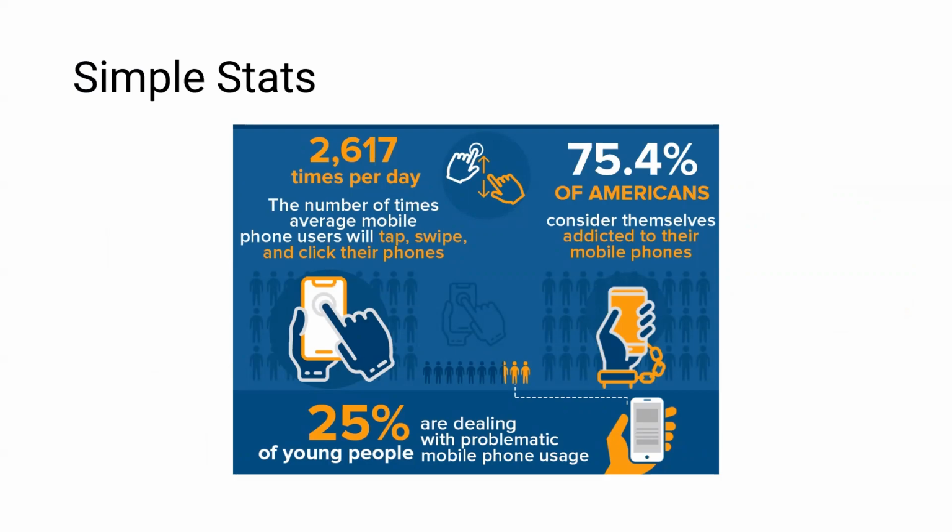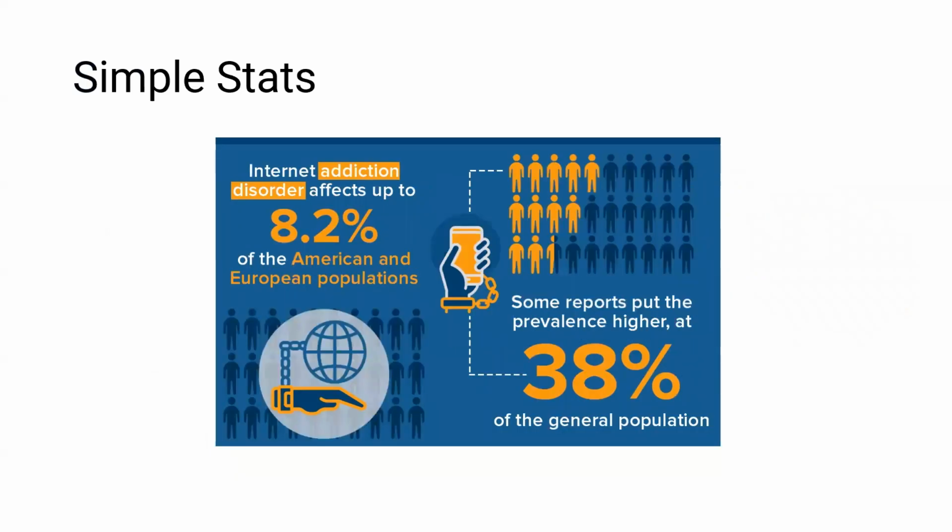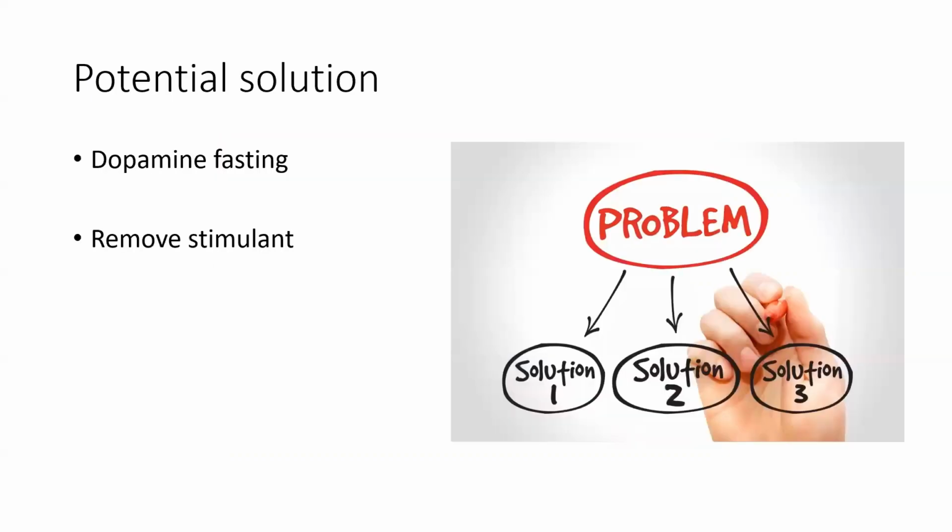On average, 75% of Americans consider themselves to be addicted to their phones, and 25% of young adults are dealing with more severe problems. 8% of the population already has a disorder, and some reports say these numbers are underestimated. They might be as high as 40% of the general population having an addiction disorder.